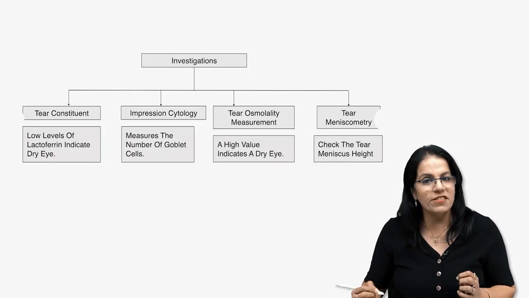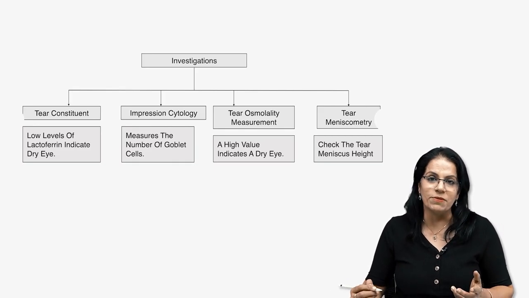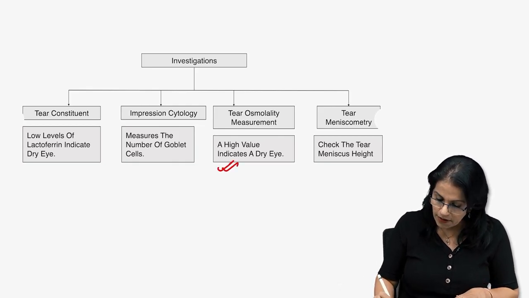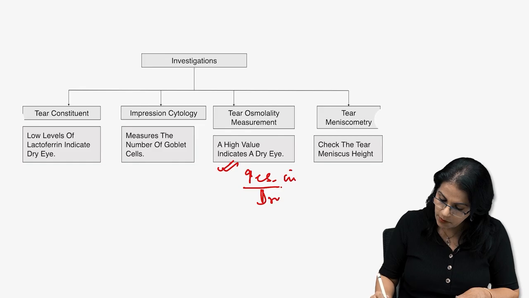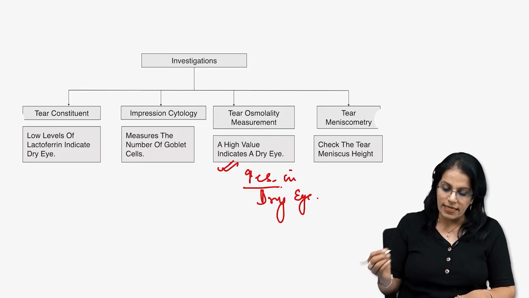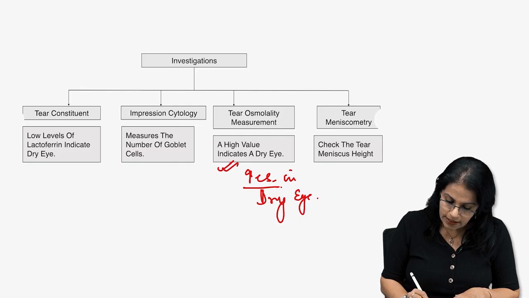Okay. What are the further investigations you can look for? We can see the tear osmolality measurements. Tear osmolality increases in dry eye. Tear osmolality is more in dry eye. Whereas, we can go for tear constituent tests, lactoferrin levels are seen to be low.